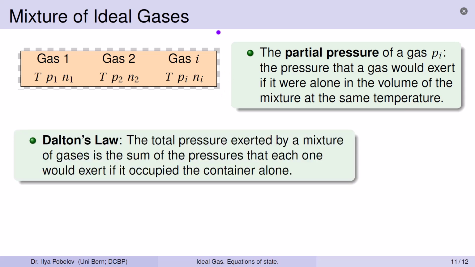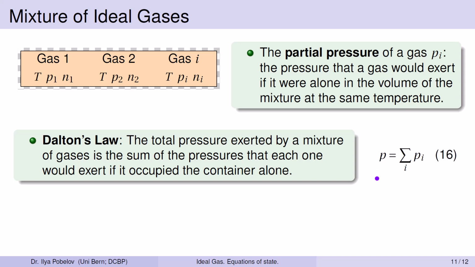An empirical rule known as Dalton's law states that the total pressure exerted by a mixture of gases is the sum of the pressures that each one would exert if it occupied the container alone, the latter meaning partial pressure.